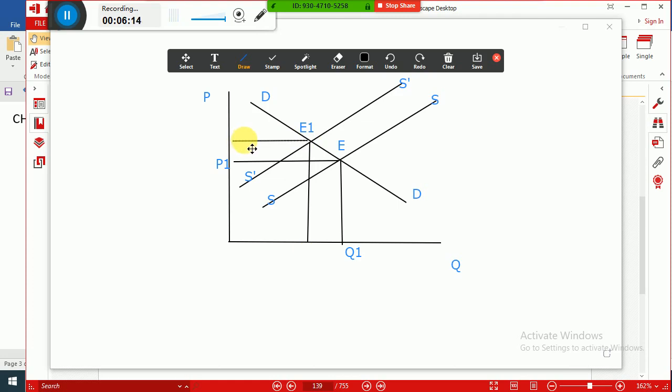We will extend point E1 to both axes to know the new equilibrium price and quantity.